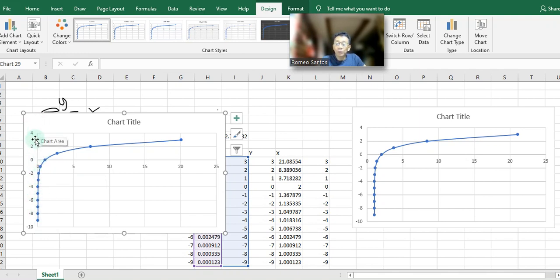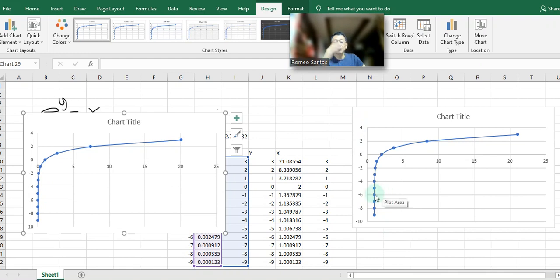Therefore, the y-axis is your asymptote. The asymptote is still the y-axis because nearing infinity, this will be closer to the y-axis, but it will never cross the y-axis because we don't have a value for y that will make x a negative value.